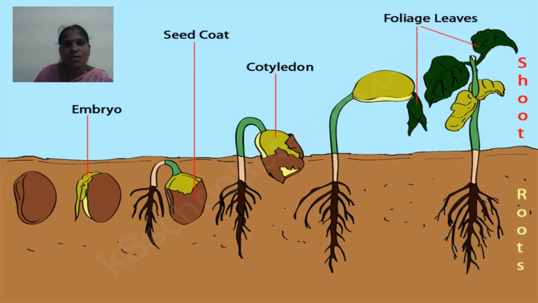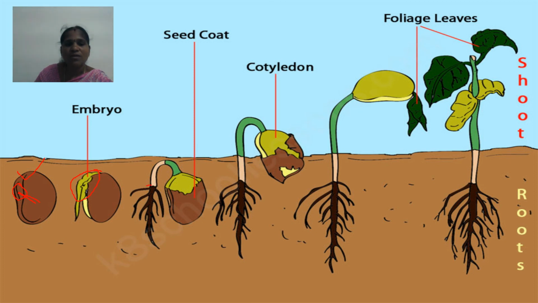This is the process of germination. See, this is a soaked seed. When we are soaking, the water will enter through this part. This will be the opening part. Through this opening, the germ comes out of the seed. This is the germ or embryo. The covering part we call the seed coat.